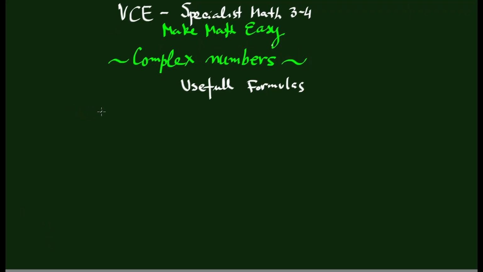Number 1: z times z conjugate equals modulus of z squared, if you remember. Number 2: modulus of z to the power 2 is the same as modulus of z to the power 2.